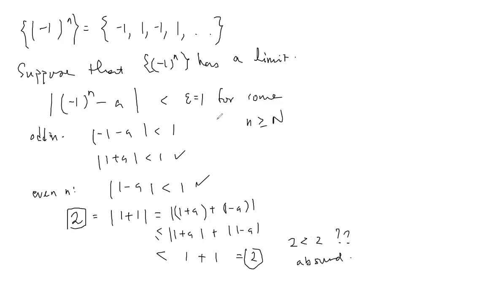Okay. So that means your assumption here is actually wrong, yeah? Because by making this assumption, you got something absurd. So definitely the assumption that it has a limit is wrong. So the contrary is true: it doesn't have a limit.